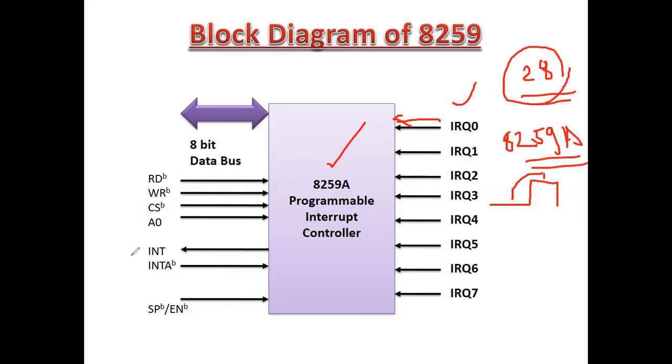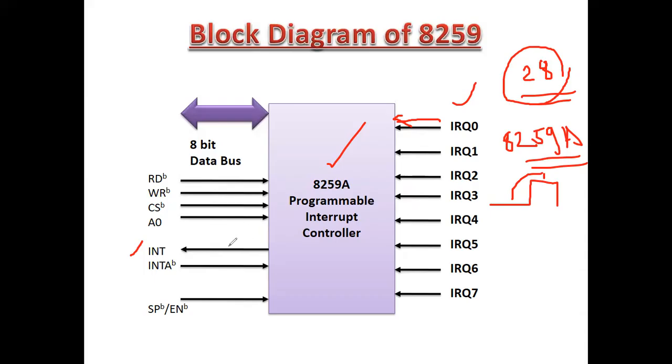Now here INT. What is INT? This is the interrupt, and this pin goes high whenever a valid interrupt request is asserted. This is used to interrupt the CPU and is connected to the interrupt input of the CPU.